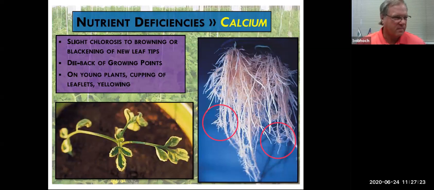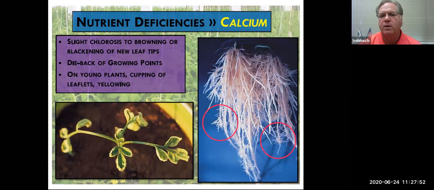Calcium is actually a little bit different than trying to think of it as a mobile or immobile element. Calcium is one that is picked up in the water stream and has to be transported in the water stream, so it's not very easily mobilized from different parts. So if you run out of water, you could also run out of calcium, because the calcium has to be picked up by the plant roots in the water stream.